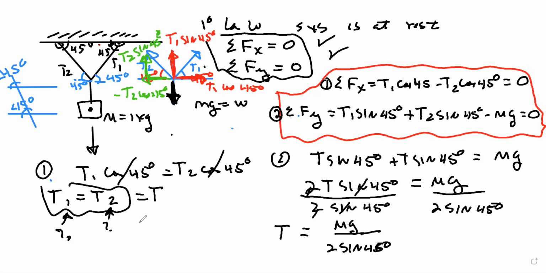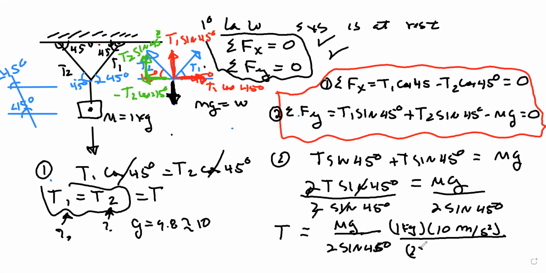Okay, so let's say that g is going to be 9.8, but let's approximate it to 10. So this is going to be 1 kilogram here, and this is going to be 10 meters over second squared, because that's the g, and this is going to be a 2, and this is going to be square root of 2 divided by 2. So we can calculate the tension.